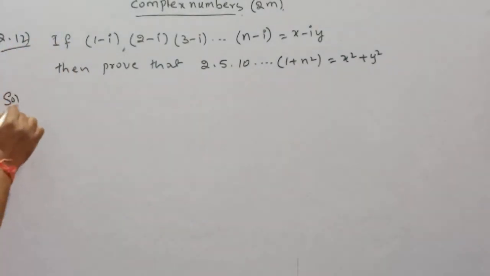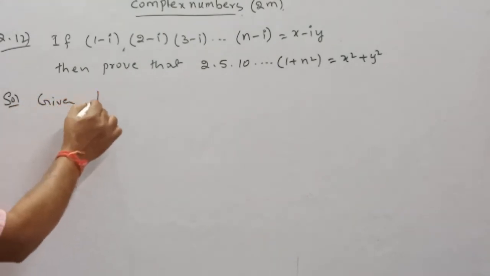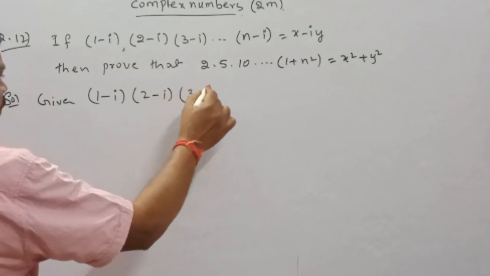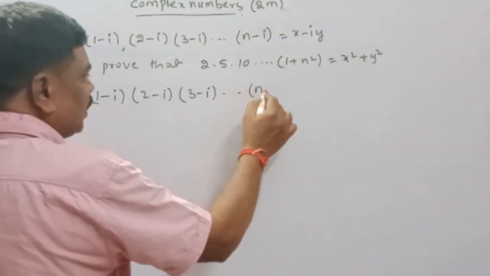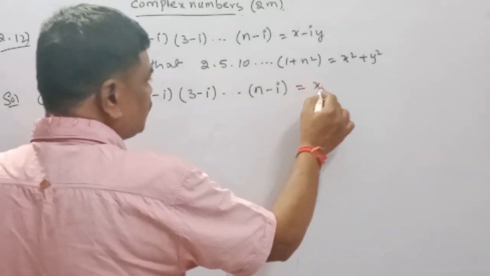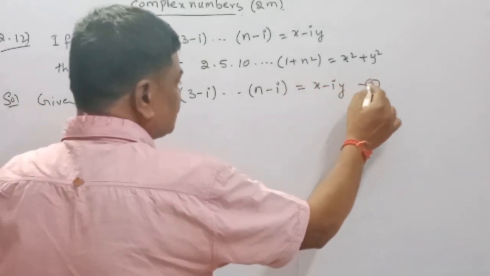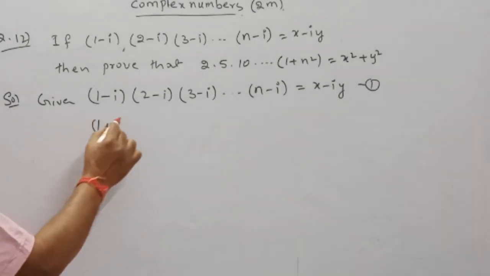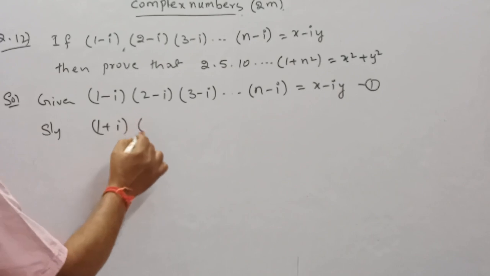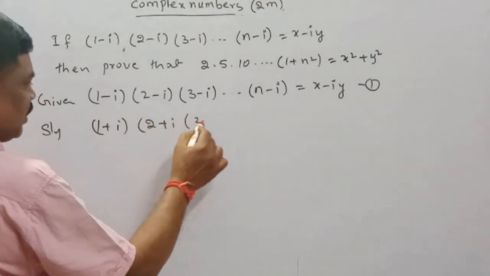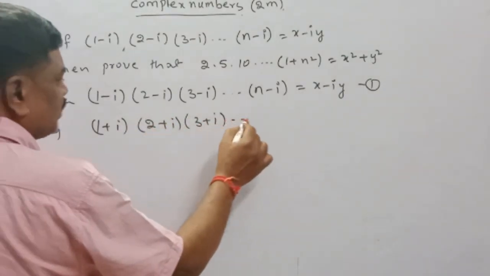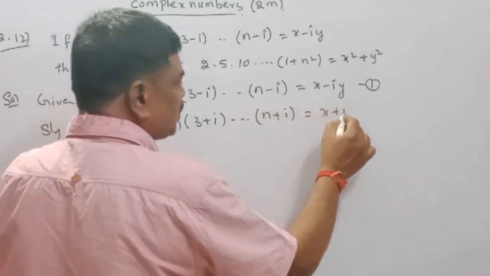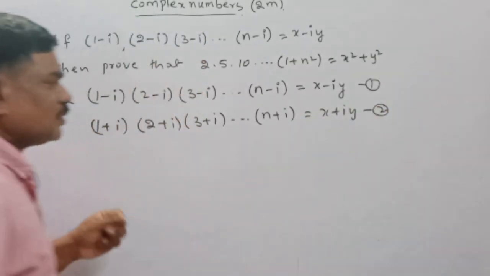So what is given here? (1 minus i)(2 minus i)(3 minus i) and so on (n minus i) is equal to what, x minus iy, equation 1. Similarly (1 plus i)(2 plus i)(3 plus i) and so on (n plus i) is equal to x plus iy, equation 2.